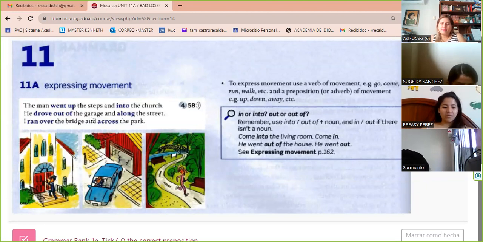He drove out of the garage and along the street. I ran over the bridge and across the park. Thank you. If you notice, the man went up the steps, so he climbed the stairs and went inside the church.